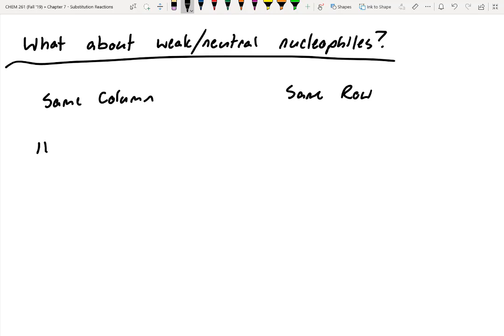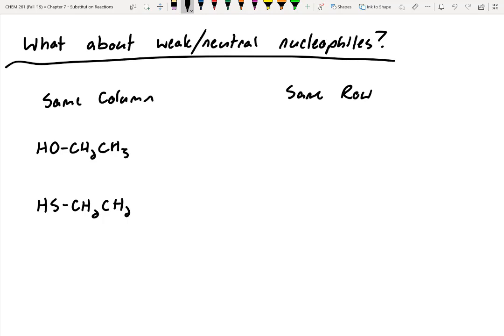So same column. We'll do ethanol down here, and then the sulfur analog right below. So these are in the same column, right? So oxygen versus sulfur is really the only difference here.